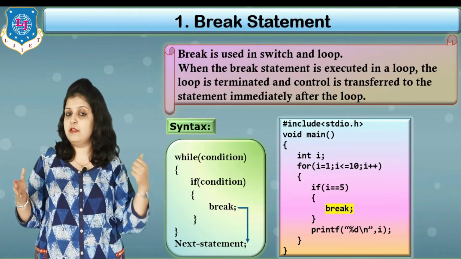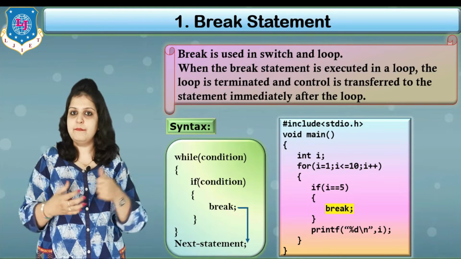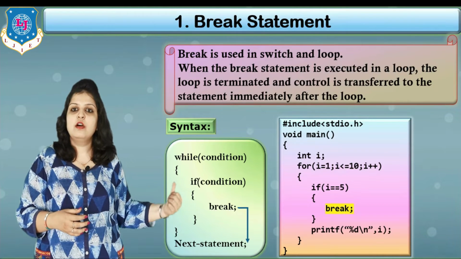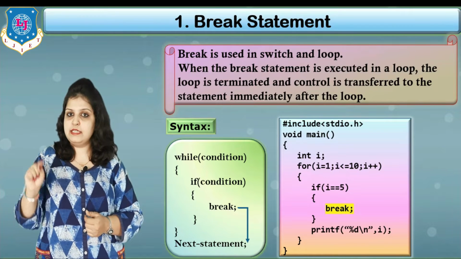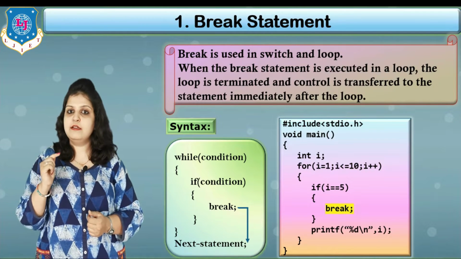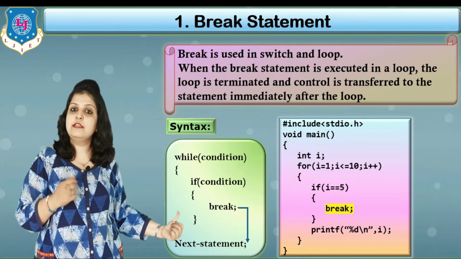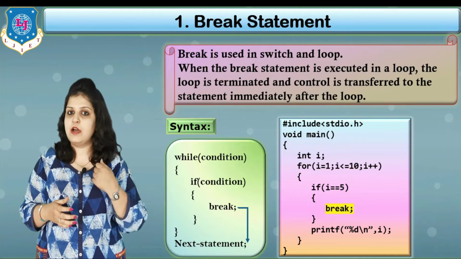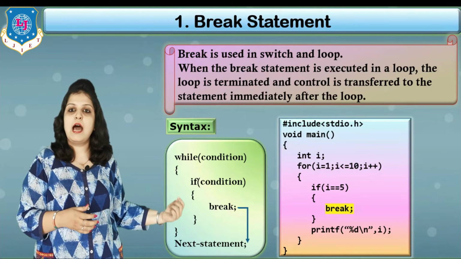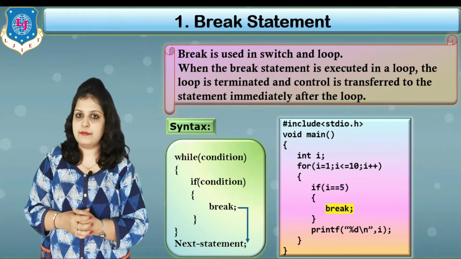So this loop will execute 10 times, with i plus plus. Here in the bracket you can see the condition: if i is equal to 5, then break will execute, but otherwise we execute one printf statement, and in printf we simply print the value of i. So i is equal to %d comma i.